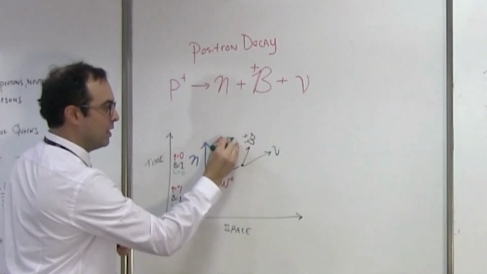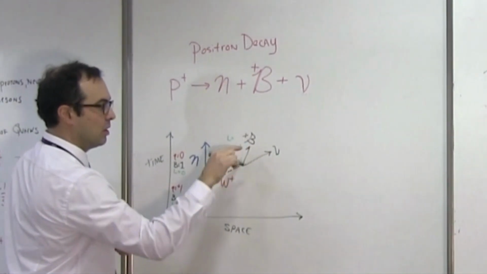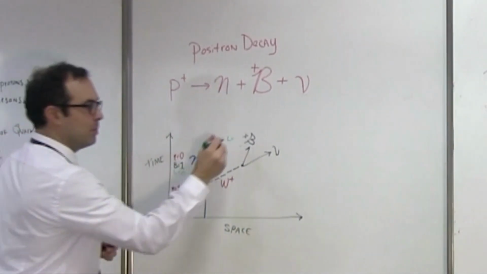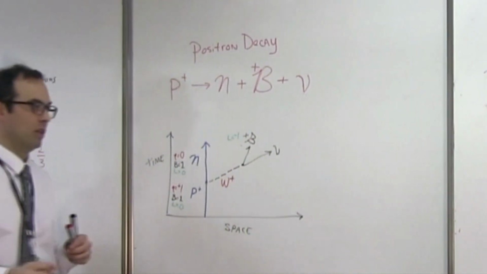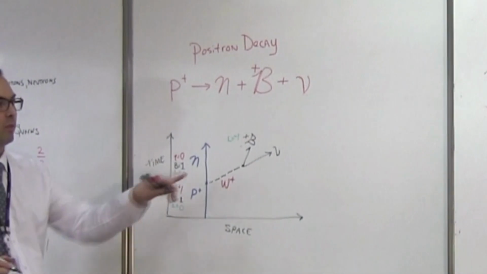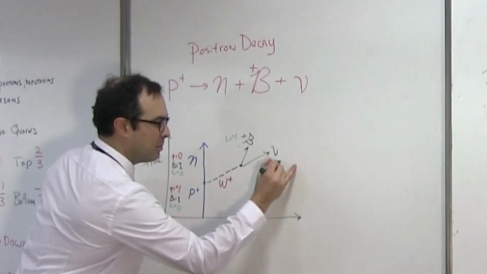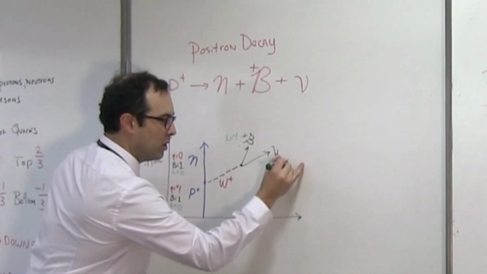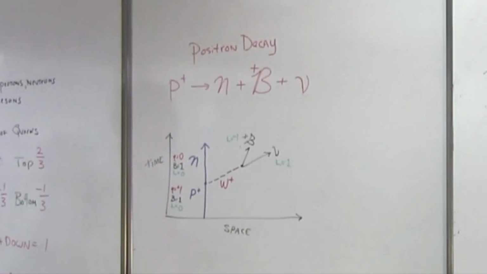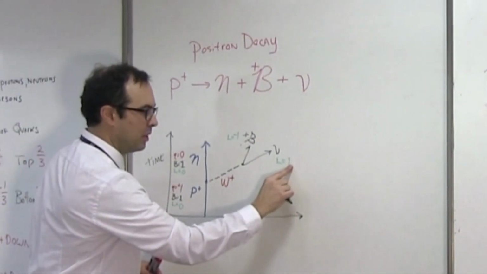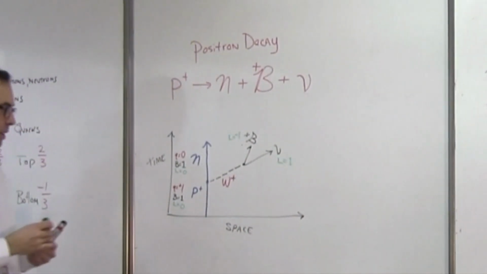So my lepton then, in this case, because it's an antiparticle, it gets an anti-lepton number. So it becomes -1. So the lepton number for this positron is a -1. My lepton number for this neutrino, because it's simply a neutrino, is 1. Together they make up 0, and our number is conserved.